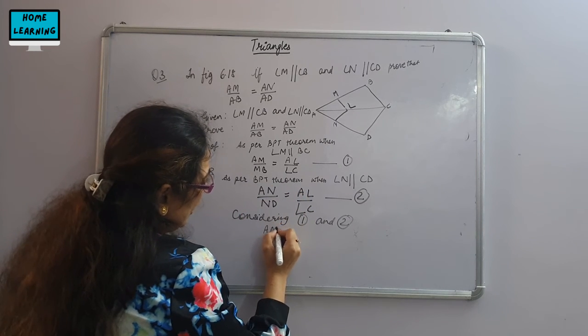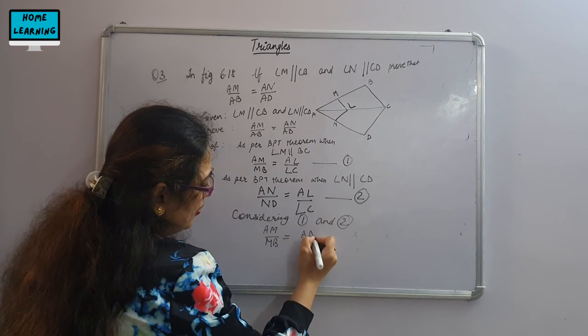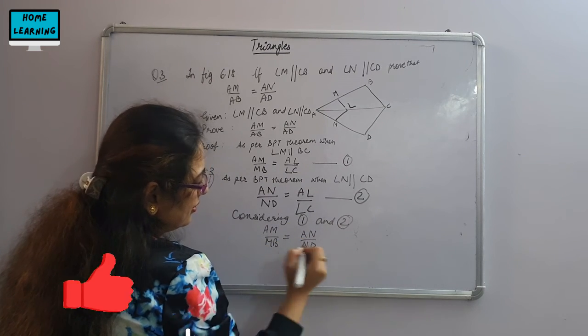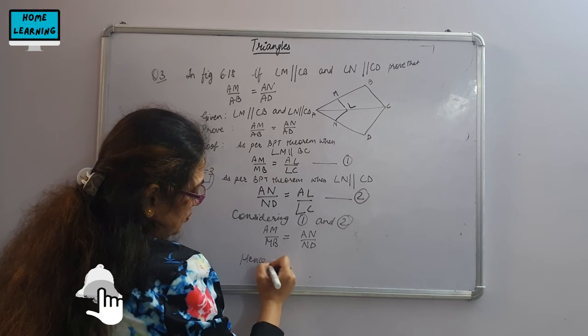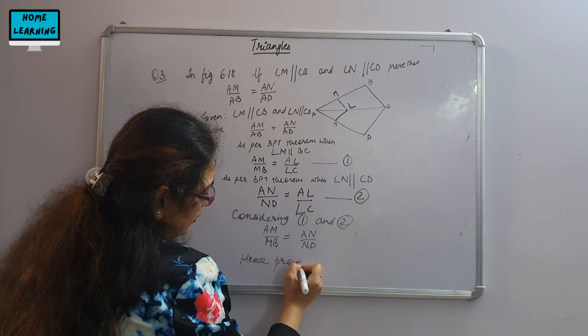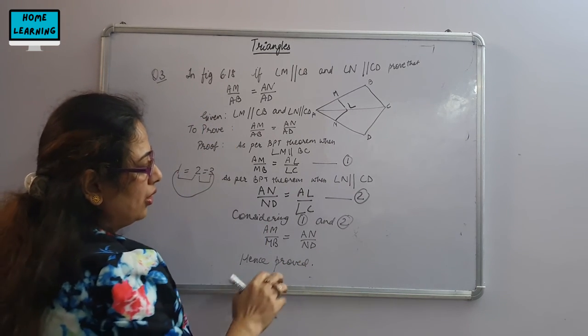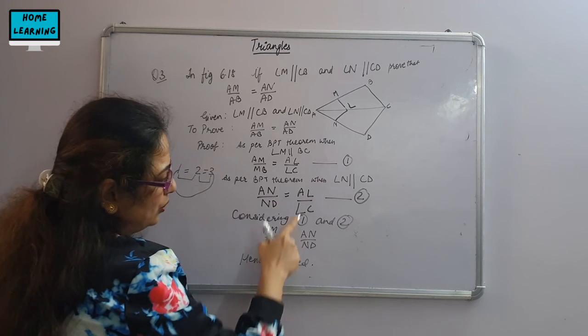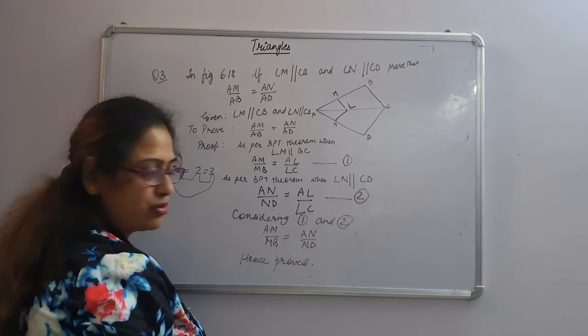So, AM upon MB is equal to AN upon ND. Hence proved. This is what we wanted to prove. Both these are equal to the same thing, so these are equal to each other also.